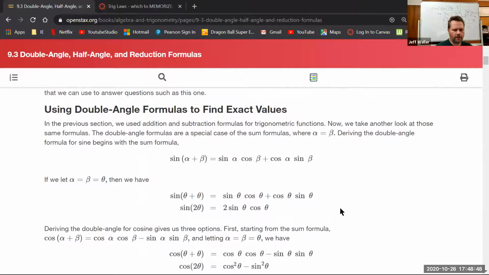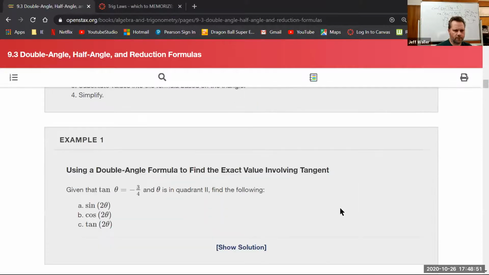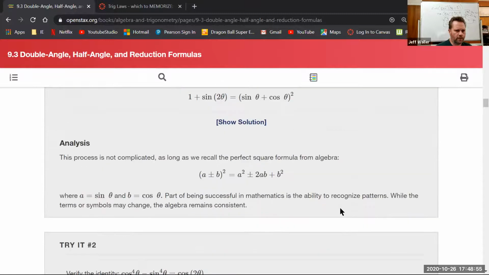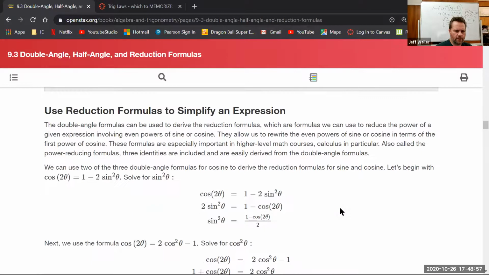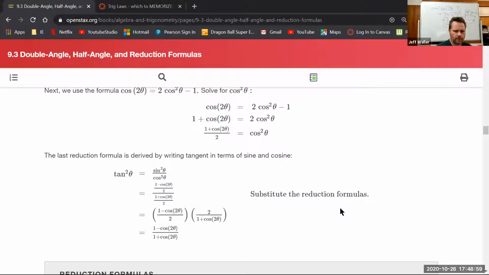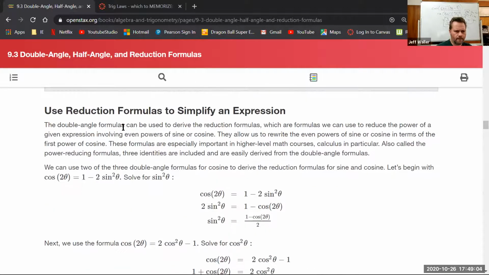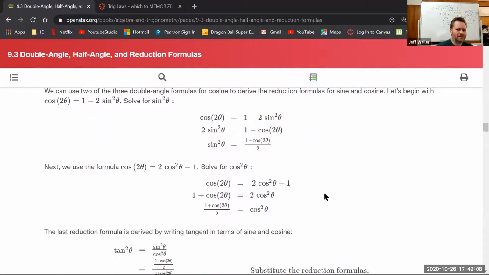Okay. So come into the book. We did the double angle stuff already. What I want to get to is what they call reduction formulas. And let's see if you see why they call it reduction formulas. One thing I want you to notice is this work they did to get here.